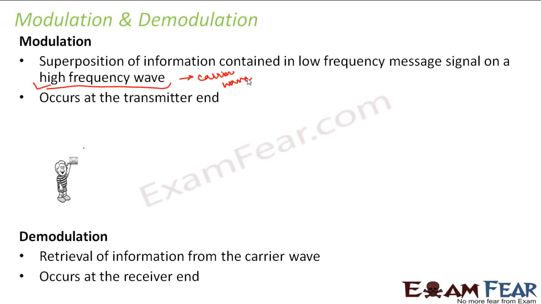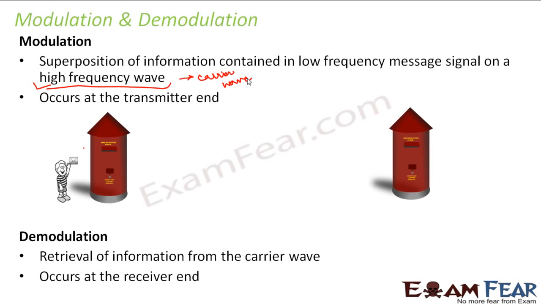So let us look at this example again. What is your letter? The letter is the message signal. You put this letter into the post office in Delhi. Now the letter needs to travel from Delhi to the post office of Bangalore. Now you already have rails, but only rails will not serve the purpose. So you need a high frequency wave which will actually carry the letter. And what is that high frequency wave? That is the train.